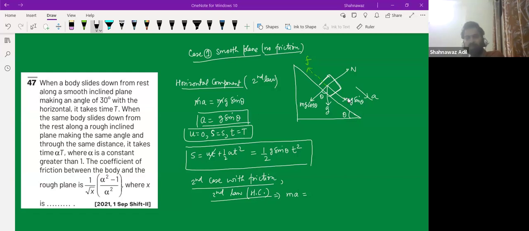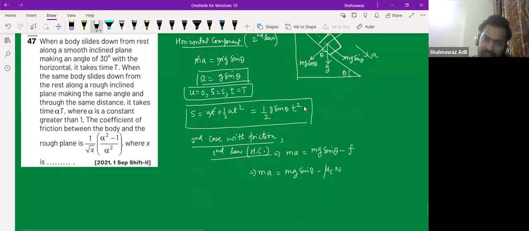This is the most important thing, sign convention. What is in the direction of acceleration? mg sin theta, that is positive. And then f is in the opposite direction. f is mu s N, right? f is mu s N, and N is mg cos theta.